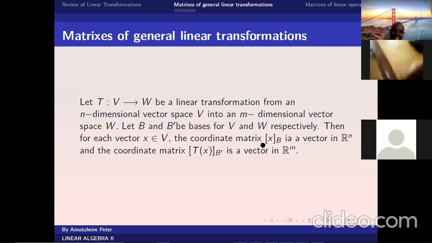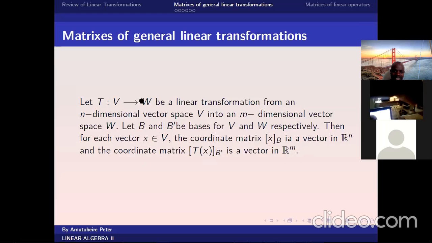Of course, any vector, if we write it in the form of a column vector, becomes a matrix, because vectors are also matrices when you write them as column vectors. So this matrix is a vector in Rn, and the coordinate matrix [Tx]_B' is a vector in Rm. You see, Tx is the image of x, so it means Tx is an element in W, and it will be in Rm.